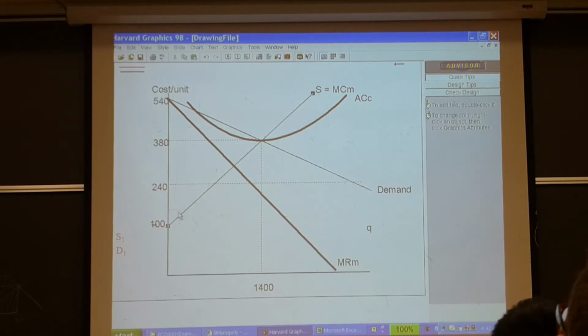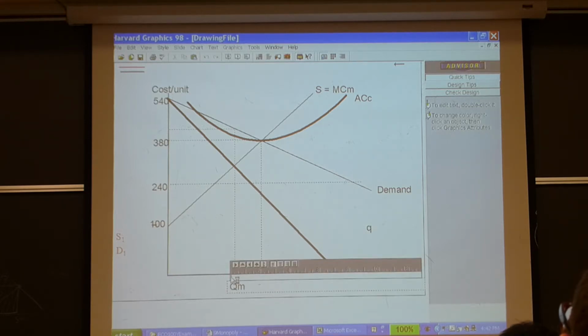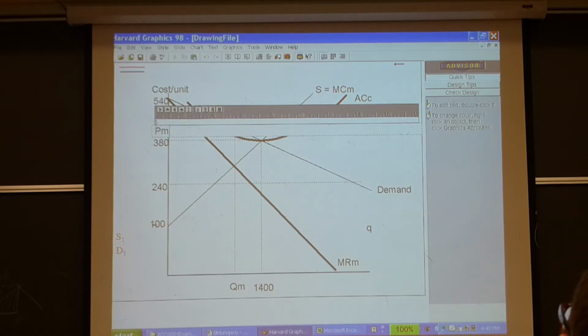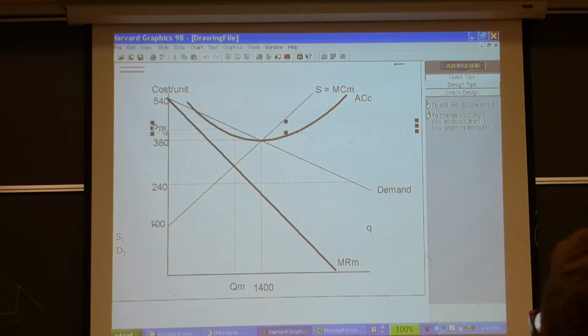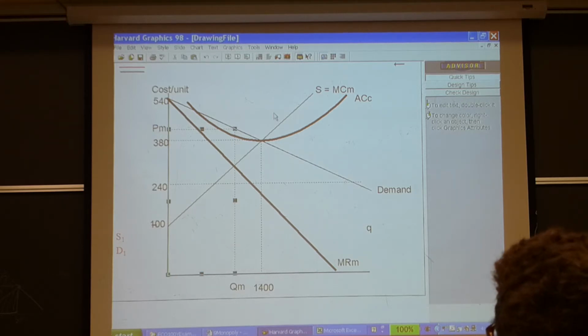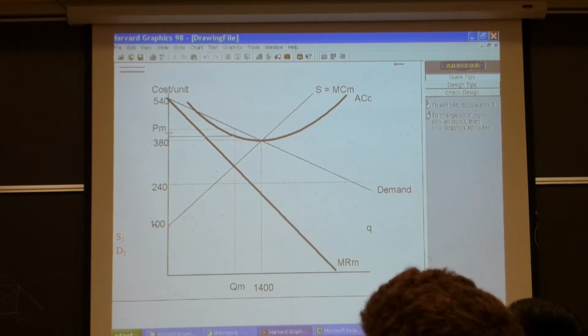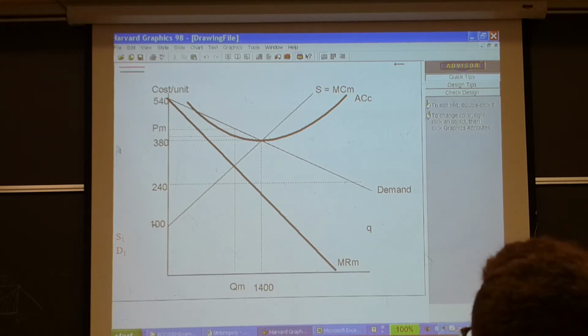And then we have here, for the monopolist, this intersection of that and marginal cost defines the output of the monopolist, defines the price charged by the monopolist, defines the average cost of the monopolist, you'll see right here, defines the economic profit of the monopolist, right here.